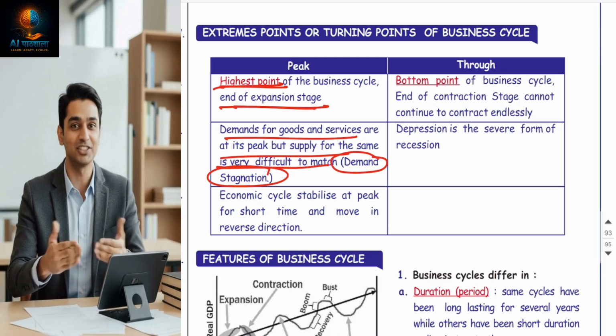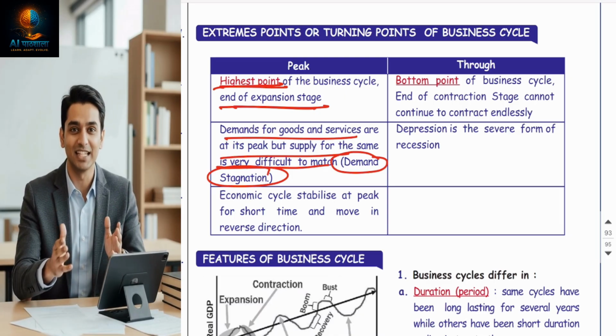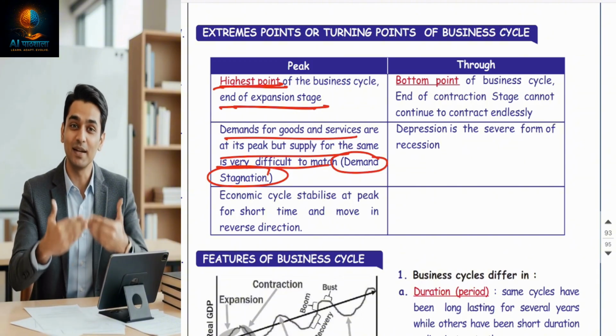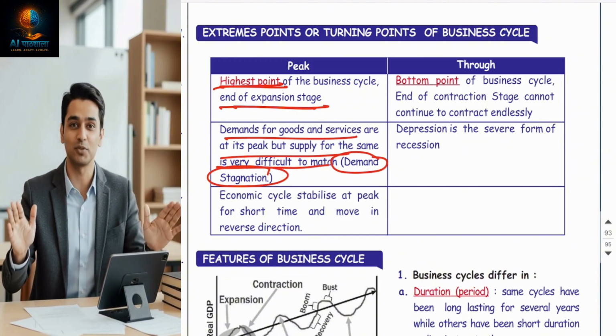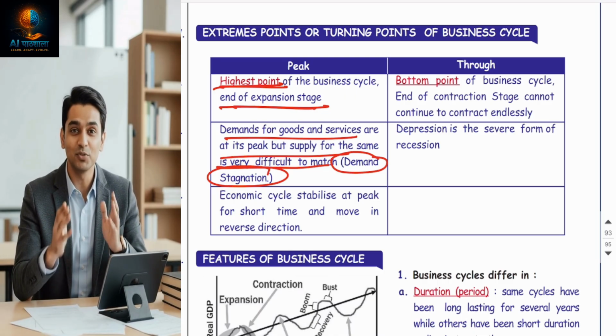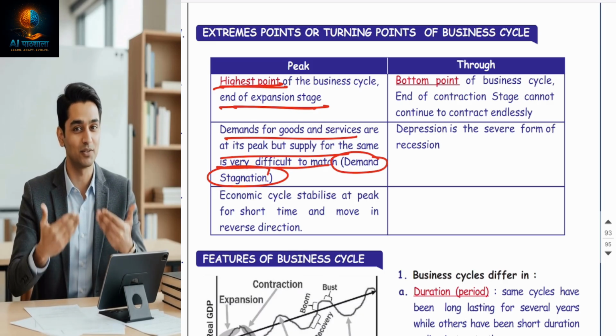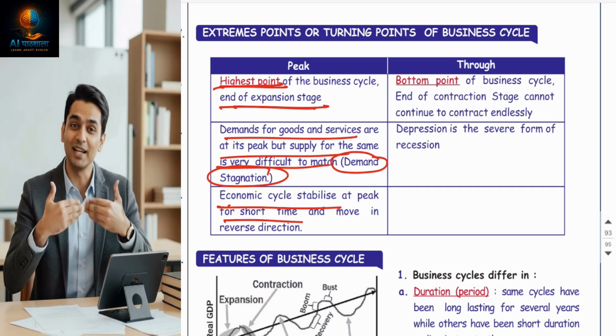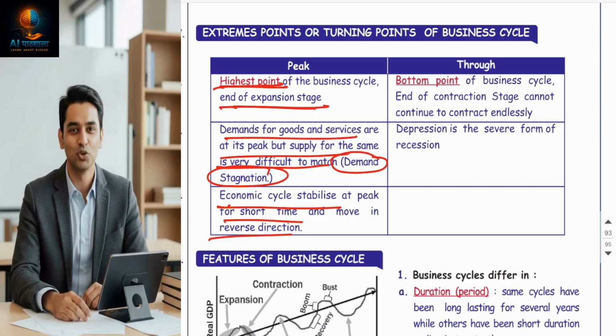When inflation is normal, people can afford it, but when inflation goes beyond the limit, it affects your standard of living and your income, and then the slowdown starts. So it is all about the behavior and buying patterns of the public, which is called the economy. Economic cycles stabilize at the peak for a short time and then move in reverse.